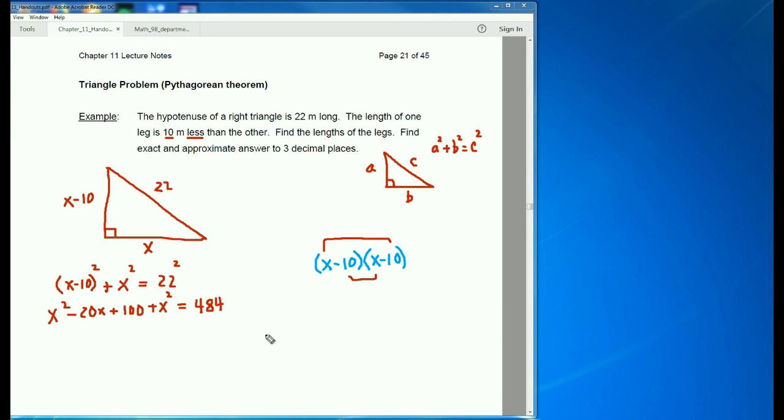Now I want to get this into standard form, Ax squared plus bx plus c equals 0, so just all stuff equals 0. On this side I've got an x squared, another x squared, so that makes 2x squared. And then minus 20x.